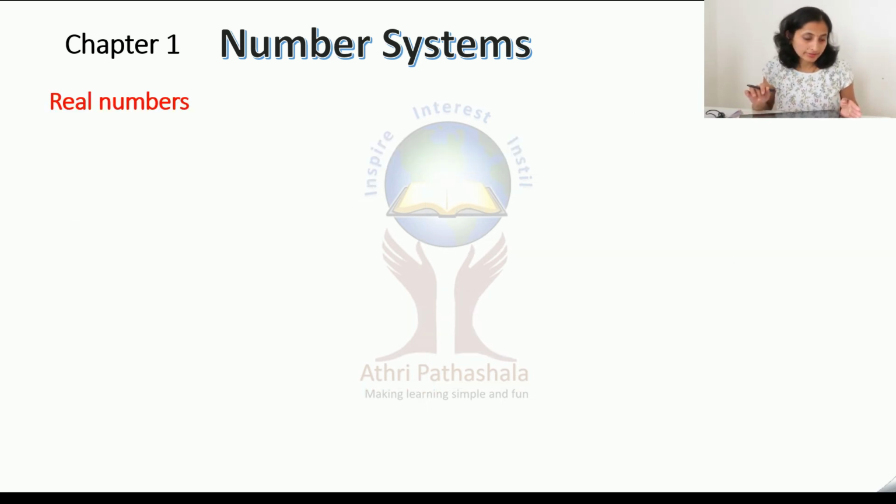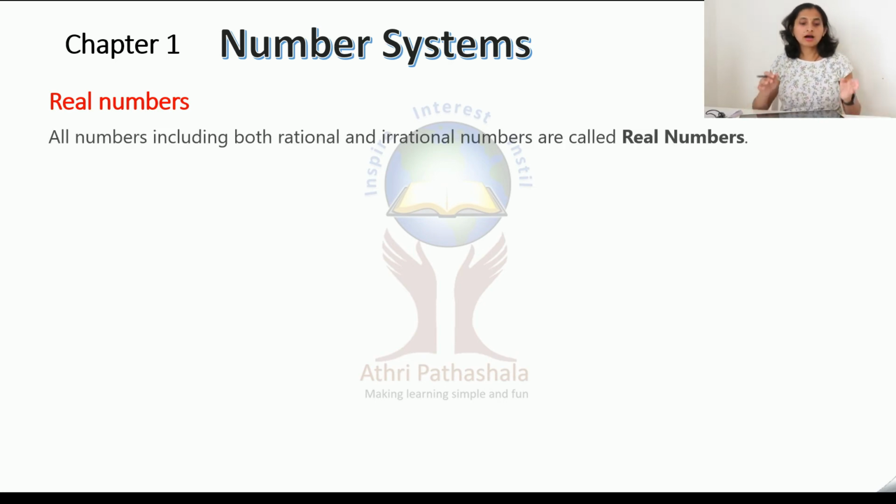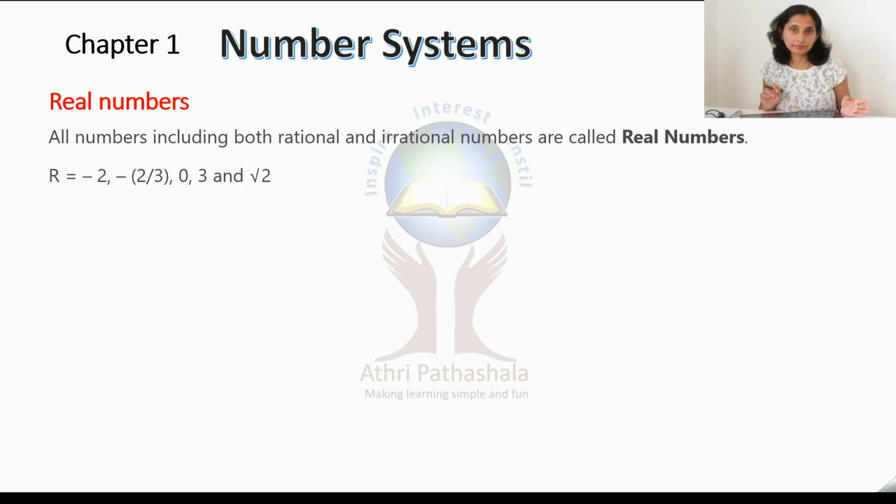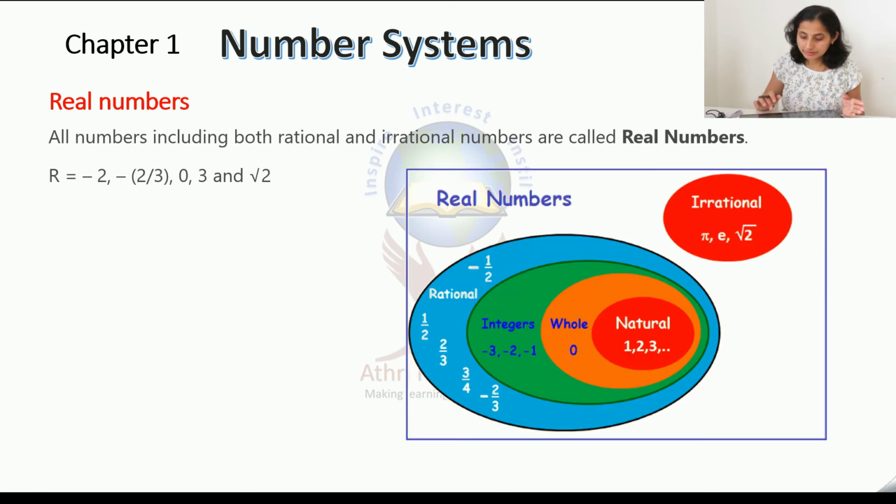Next comes real numbers. Real numbers means all the numbers including both rational and irrational numbers are called real numbers. For example, all the numbers, negative numbers, positive numbers, zero, root numbers, all of these are known as real numbers.